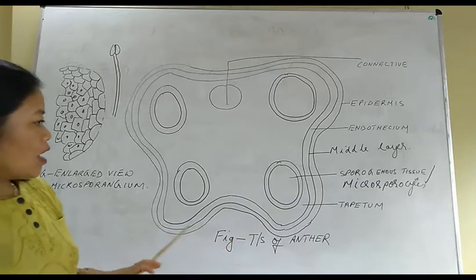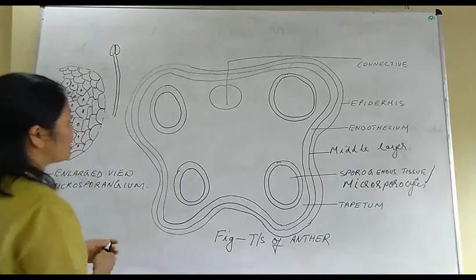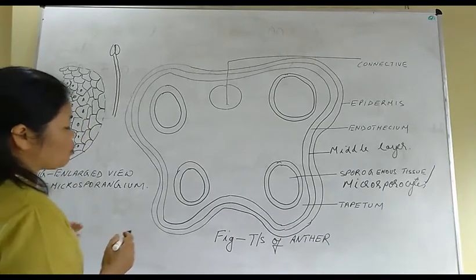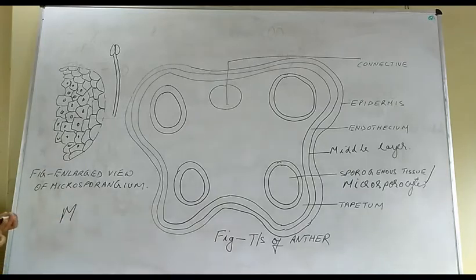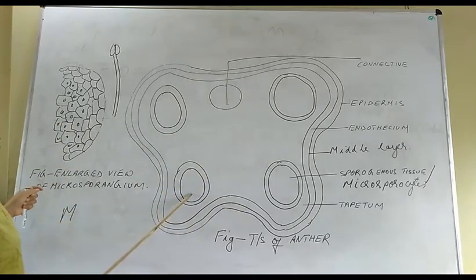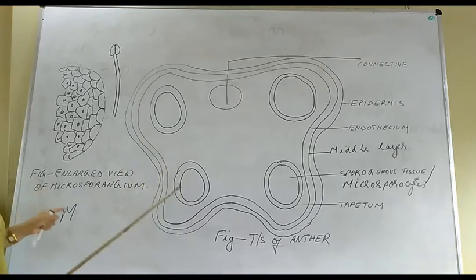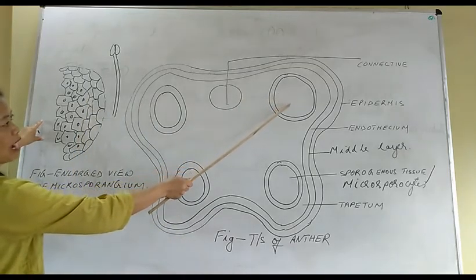Now, before we start with microsporogenesis, I have not shown you this diagram. As I've said earlier, there are 4 pollen sacs, 4 microsporangia, and when you view under the microscope, you will find this structure, microsporangium.